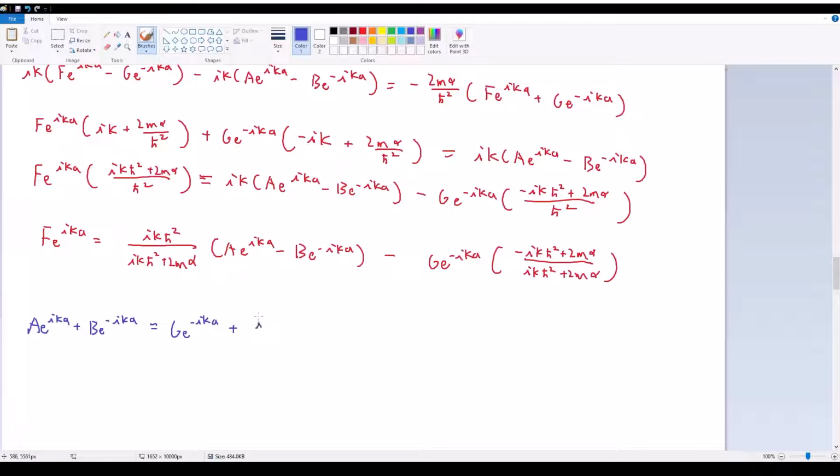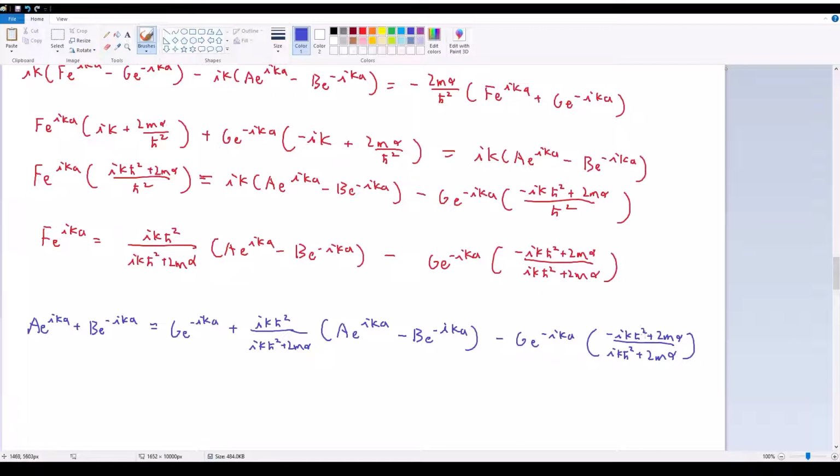So plus ik h bar squared over ik h bar squared plus 2m alpha times a e to the ika minus b e to the negative ika, and then subtracted by g e to the negative ika, multiplied by negative ik h bar squared plus 2m alpha over ik h bar squared plus 2m alpha.